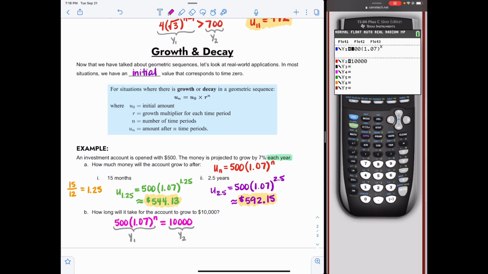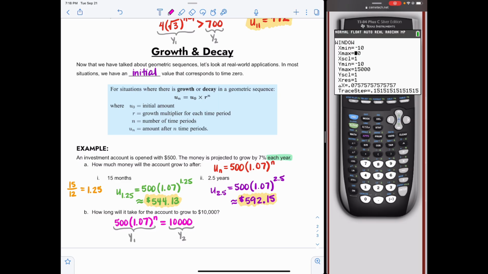So now I want to graph this, but I'm going to go ahead and change my window settings. So if we click on window, we already know that we want the total value of the account to be $10,000, which is my y-axis. So I'm going to put my y-axis up to 15,000. And then as you can see here, just from 1.25 years to 2.5 years, it only increased by 40 something dollars.